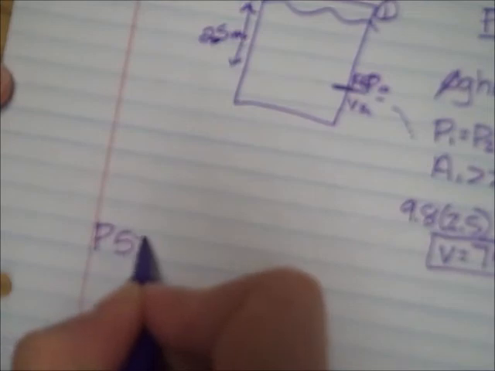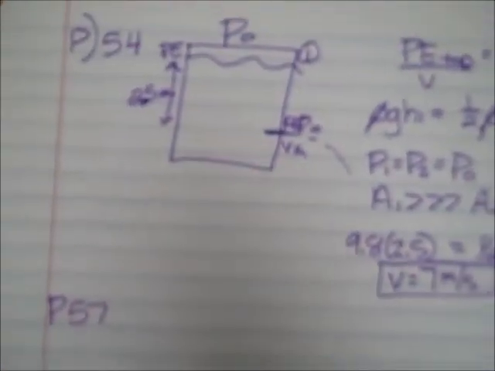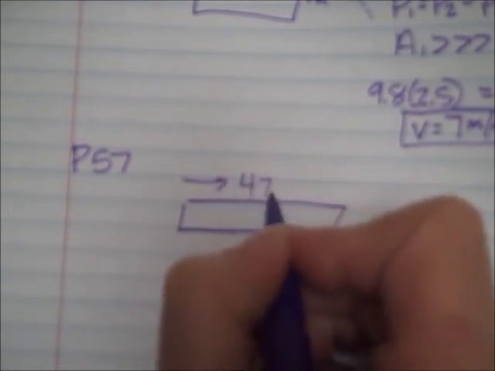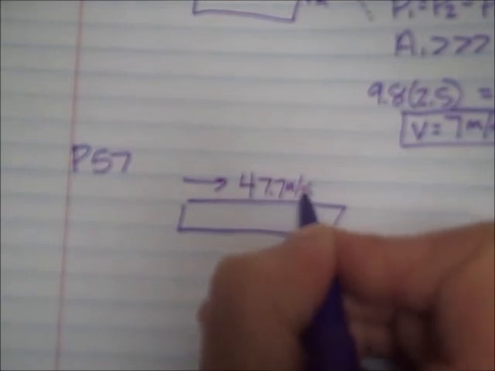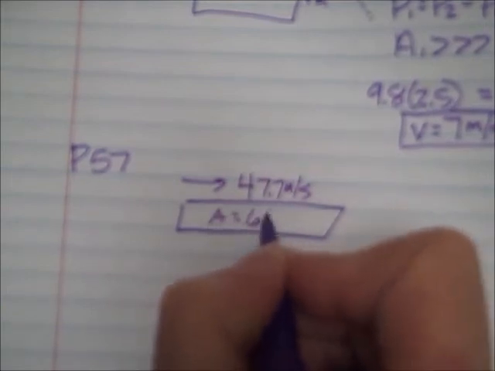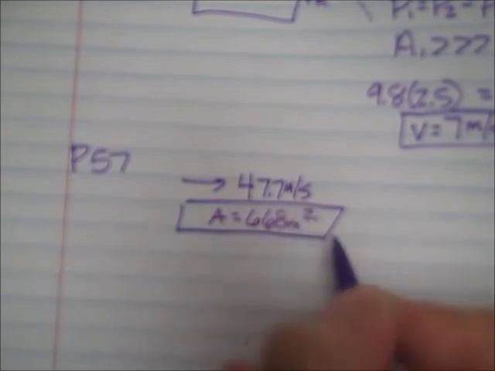The last problem I wanted to go over for fluids is problem 57. In problem 57, we're looking at a roof with winds being blown at a speed of 57.7 meters per second across a flat roof with an area of 668 meters squared.